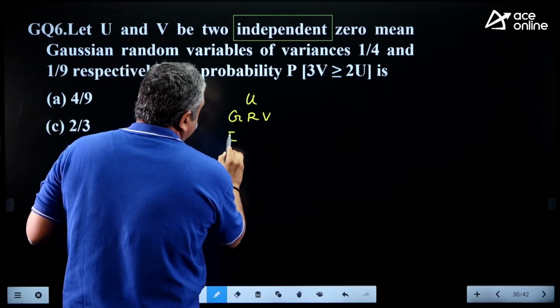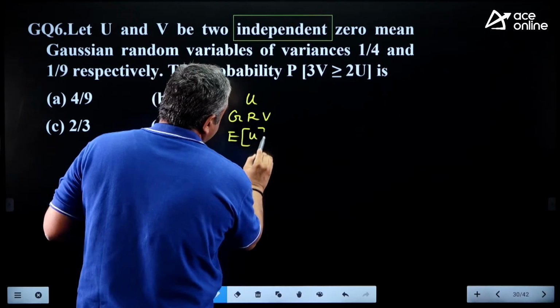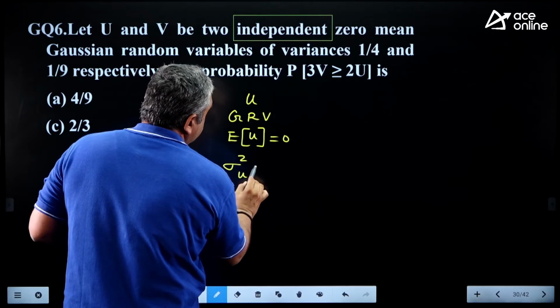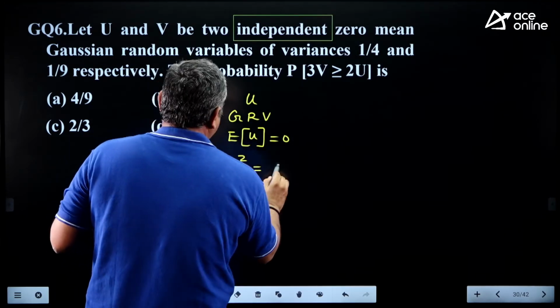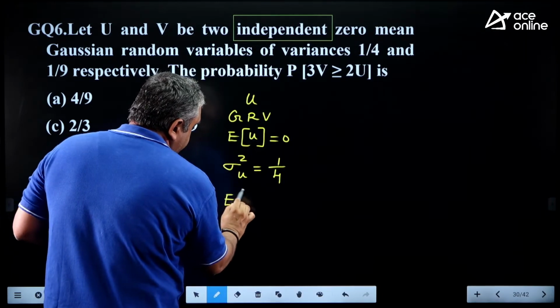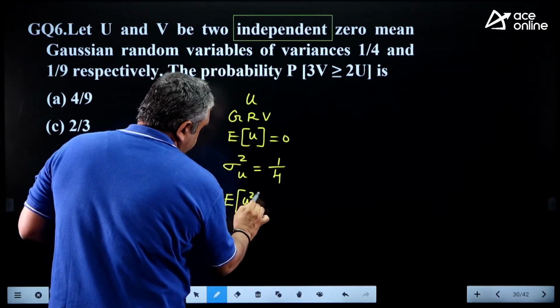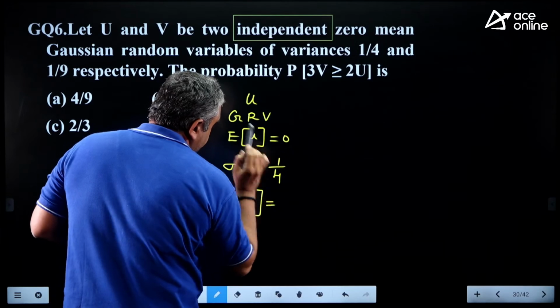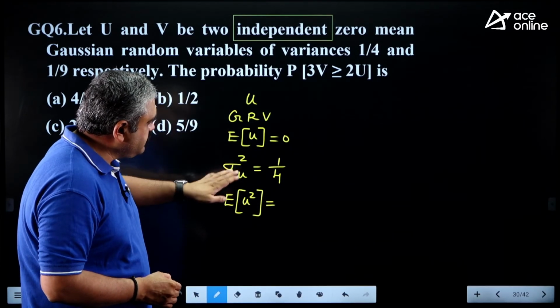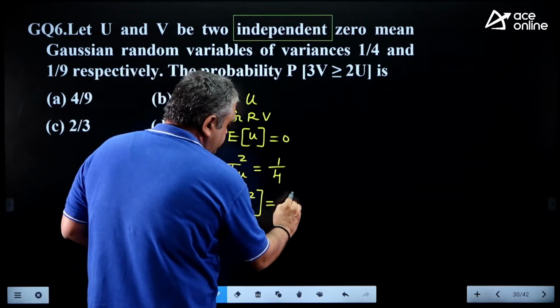That means the expectation of u is 0 and variance of this u is 1 by 4. So whenever mean value is 0, mean square value and variance will be same, because you will get variance by taking difference between mean square value and square of mean. So obviously when mean becomes 0, mean square value and variance are same. So this will be 1 by 4.